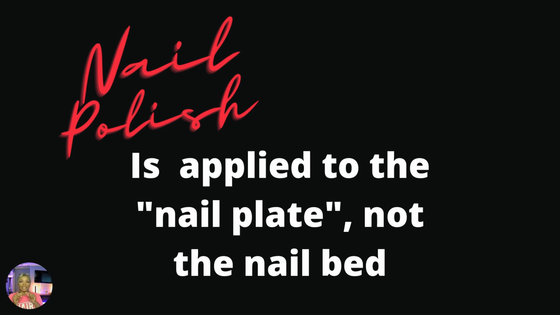That's why some practice fingers look like they're dug out. It's because they're showing you that that portion is the nail bed, and they want you to build a nail plate on top of it so that you can apply your tip to the nail plate and not the nail bed. Okay.